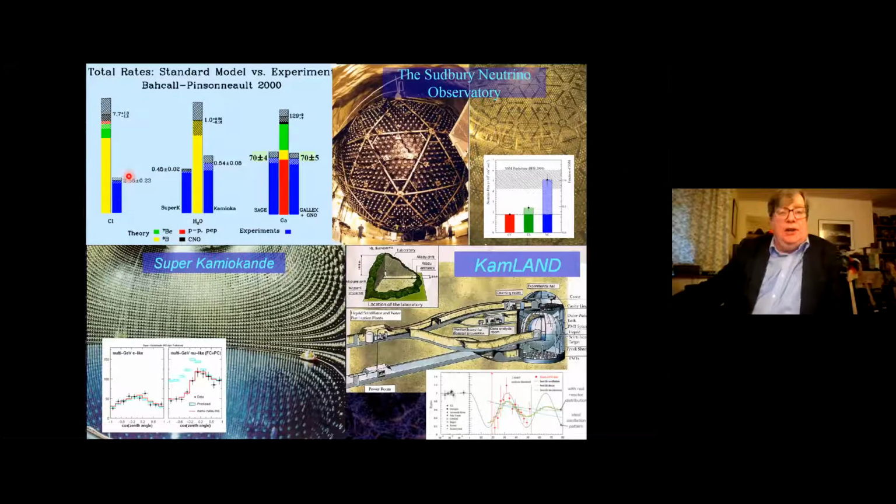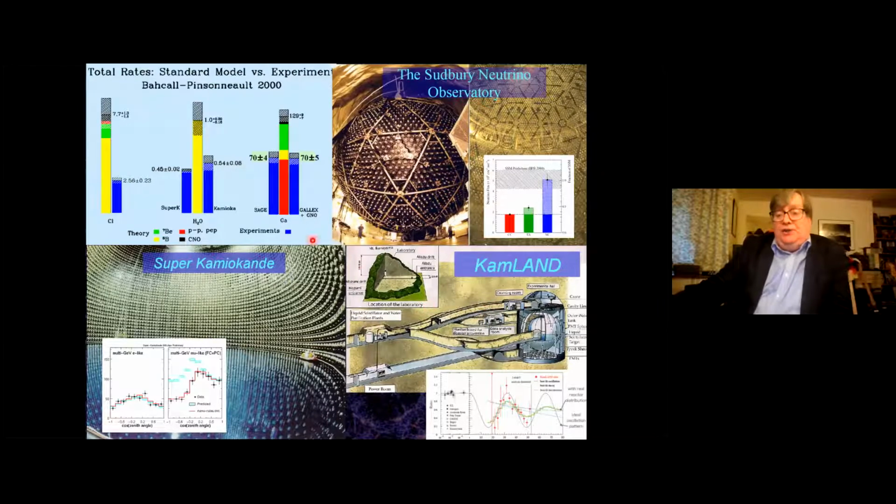First, the original solar neutrino experiments, some of which were already running in 1981: the chlorine experiment, the Davis experiment, followed up by the Sudbury Neutrino Observatory, which was built in Canada, where Oxford was very heavily involved. Super-Kamiokande in Japan, looking at atmospheric neutrinos. KamLAND, looking at the disappearance of antineutrinos from reactors.